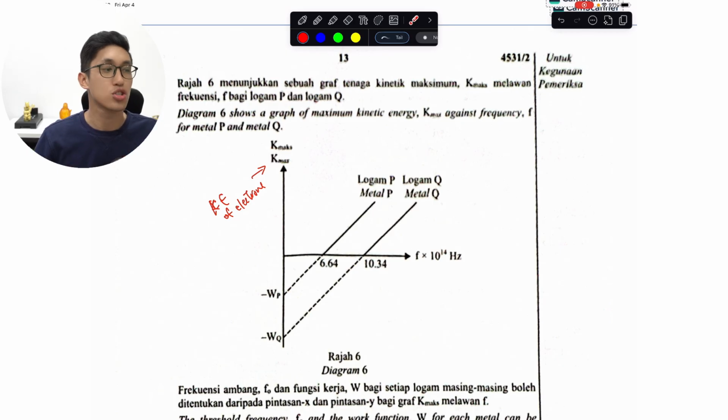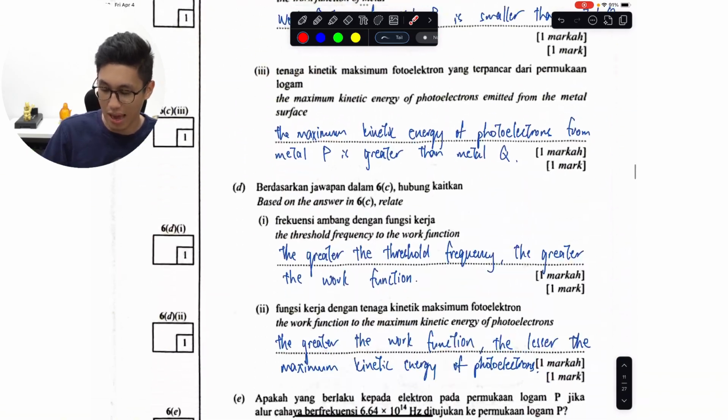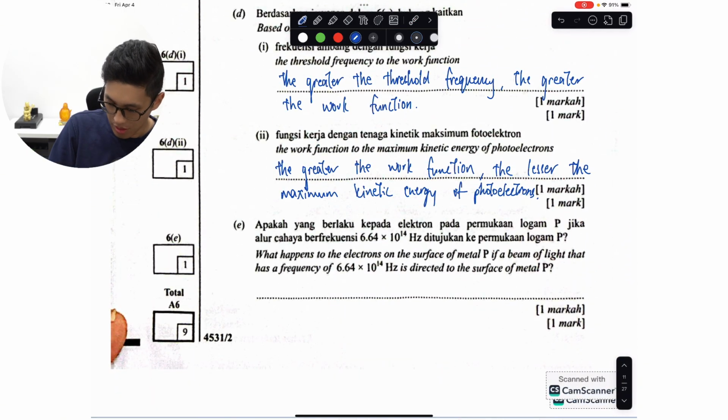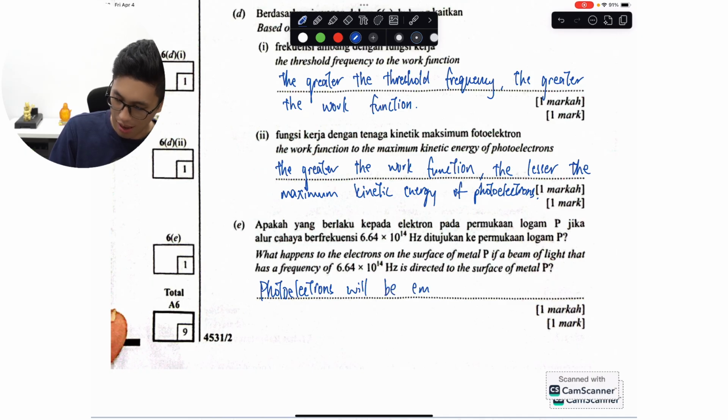So the electrons will be released. You can say photoelectrons will be emitted from the surface.